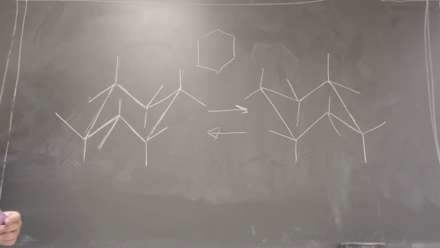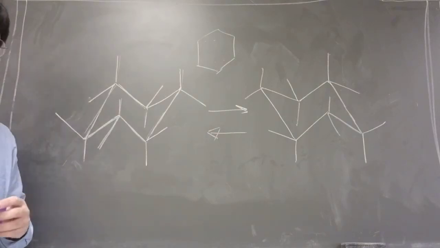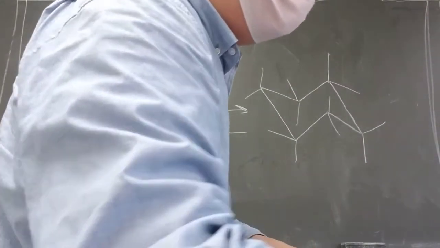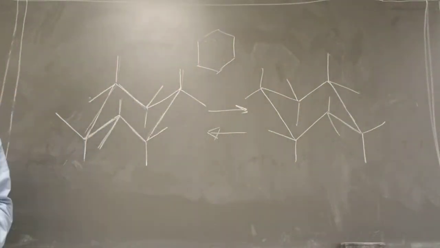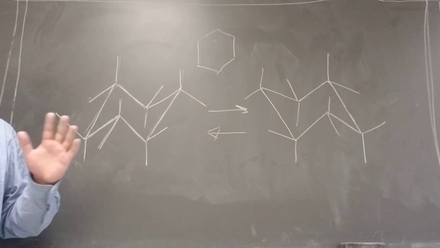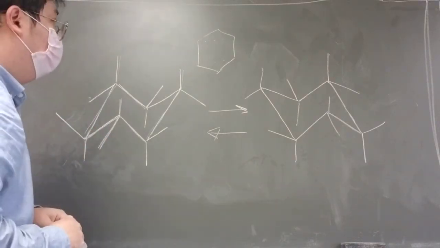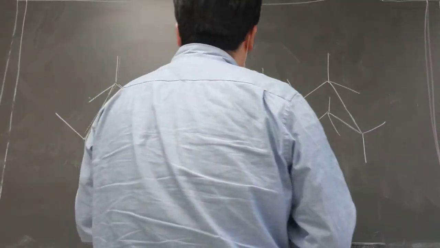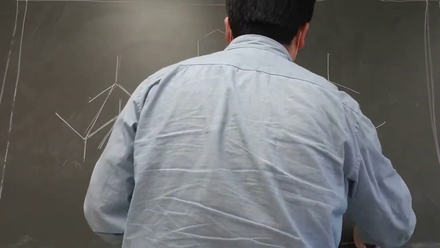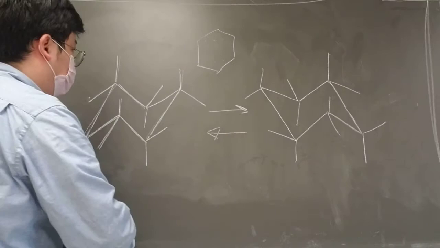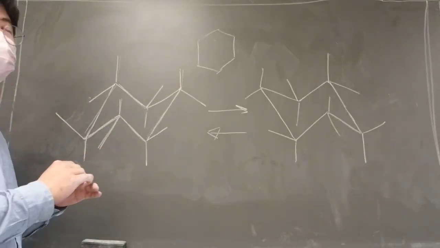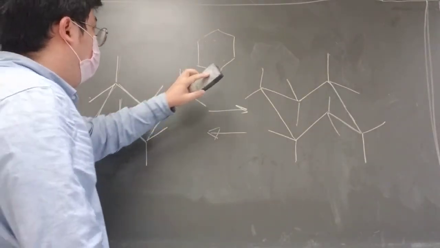All right. So here's the thing. Whenever you look at this one, this is the sort of thing you can draw from this cyclohexane. So maybe you can try to do something like this one. On your exam, this is a very famous question.